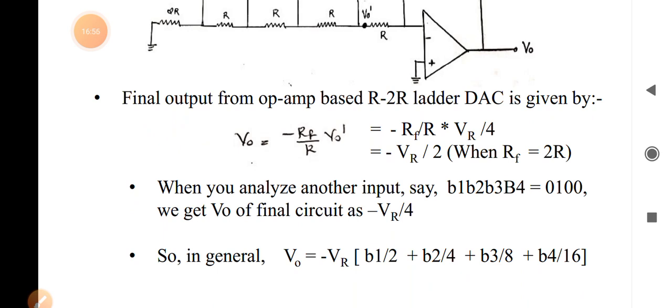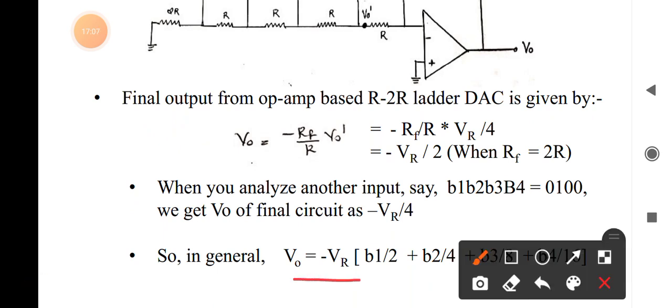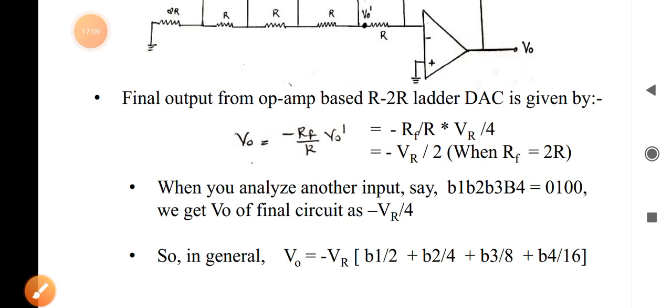So in general, if only one bit is high, we can write V0 is equal to minus VR into B1 by 2 plus B2 by 4 plus B3 by 8 plus B4 by 16. So like this we can write in general.